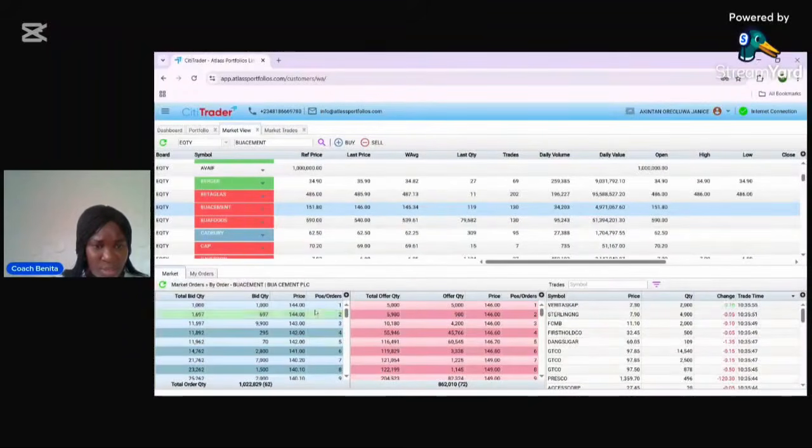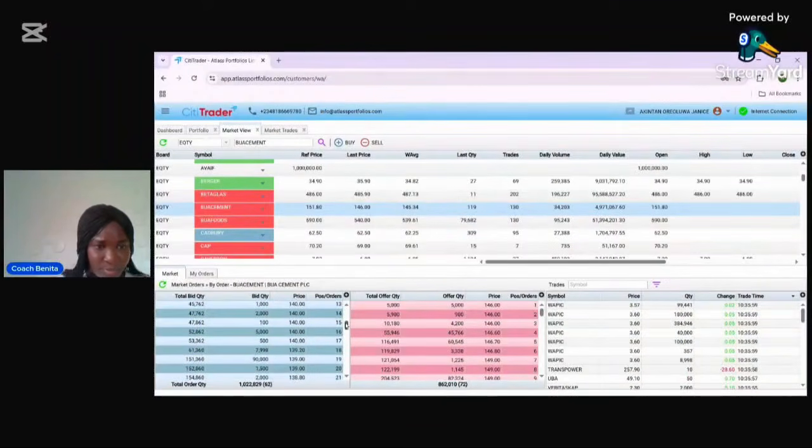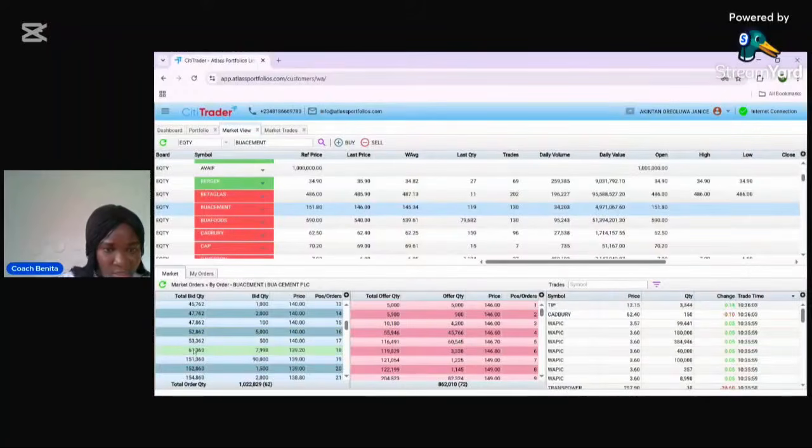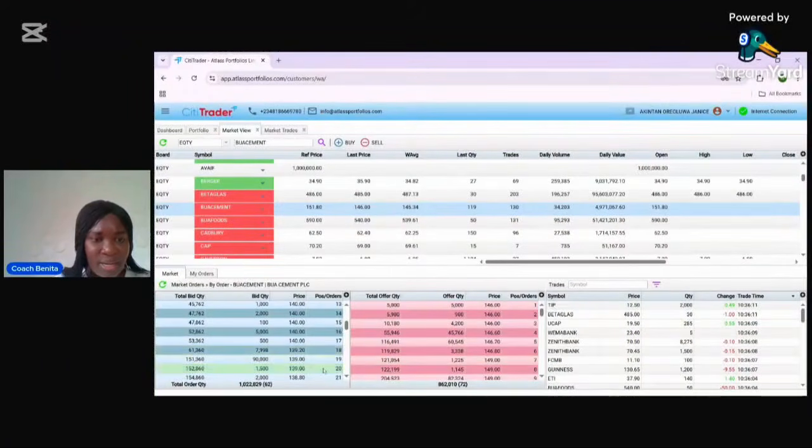Now to place an order, this is 144. Just come down and check the total units people are buying. Now this is 61,000 units. This person is bidding at 139, which means that the moment up to 61,360 units are sold to, this 90th person can get sold to. So that tells me something.